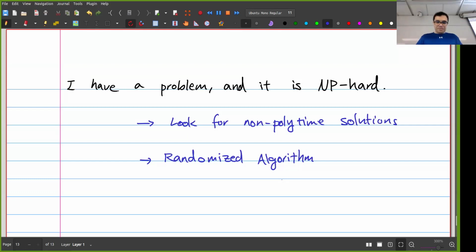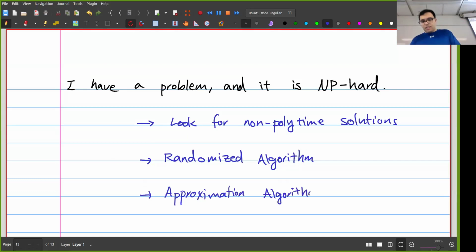Okay. Now, what else can we do? Well, the other thing we sometimes do is using approximation algorithms. Okay. So this is mostly for optimization problems. So we've been talking about decision problems mainly, but let's say I have an optimization problem. I want to minimize or maximize something, and the problem is NP-hard.